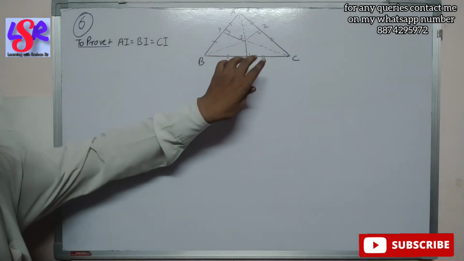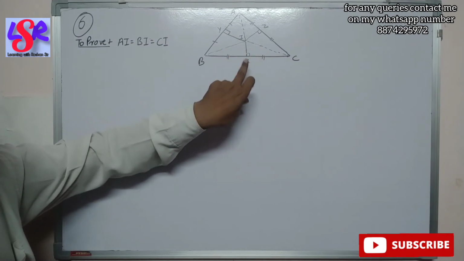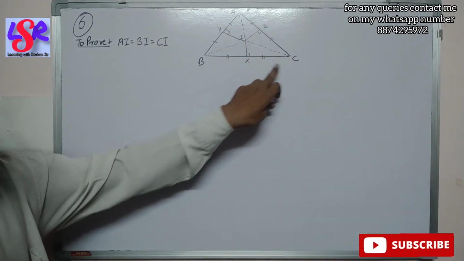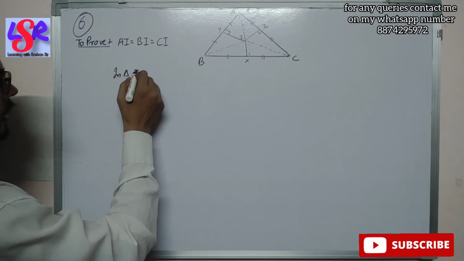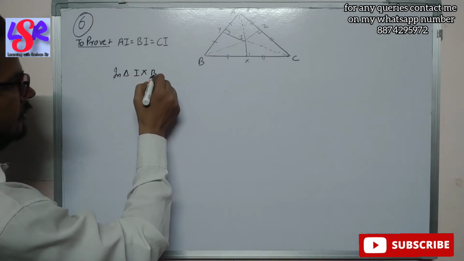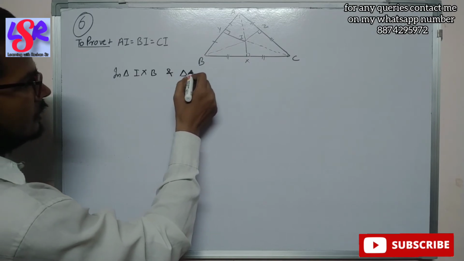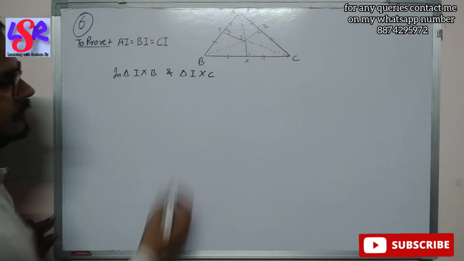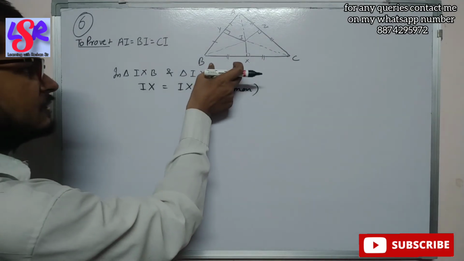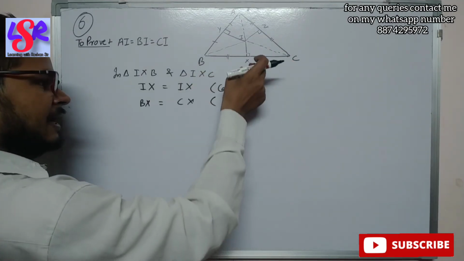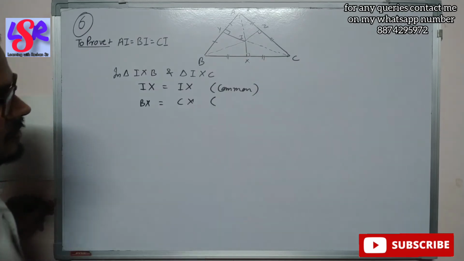So we are taking the triangles IXB and IXC. So in triangle IXB and triangle IXC, here IX is equal to IX as common. Then BX will be equal to CX as XI is the perpendicular bisector of BC.